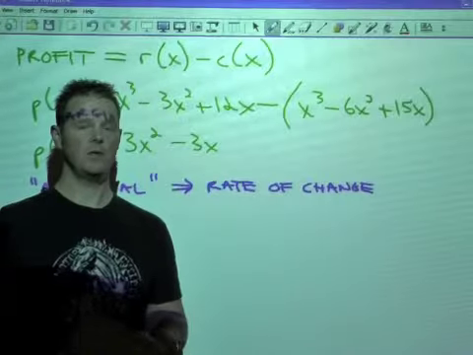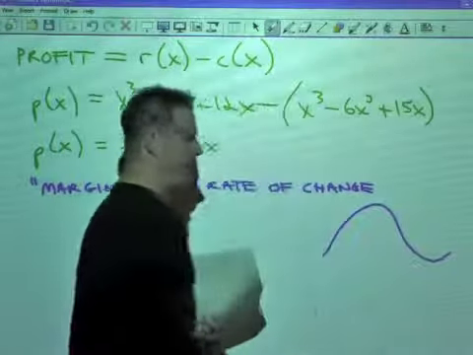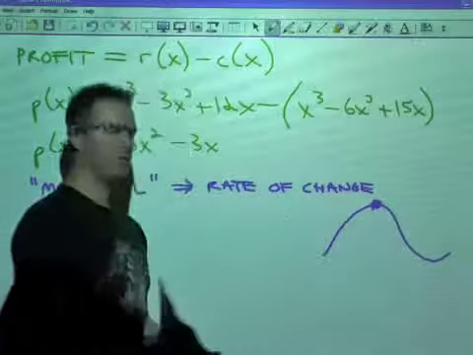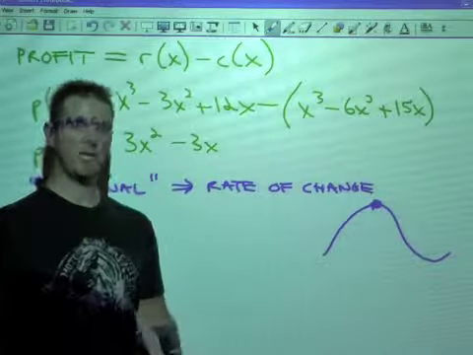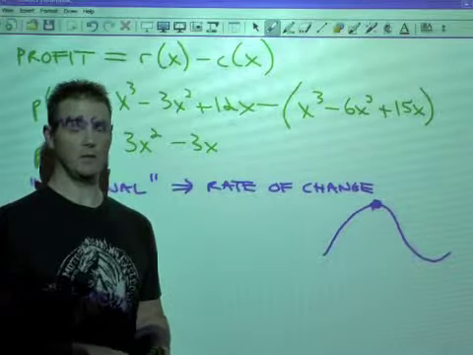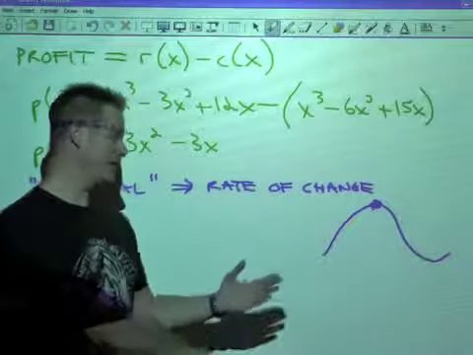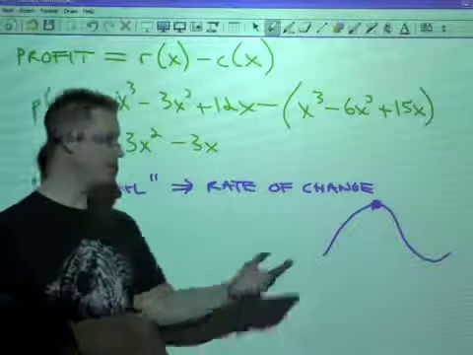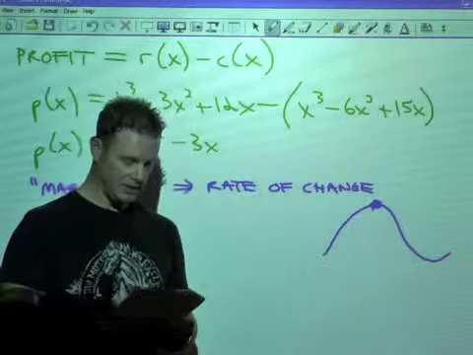Okay? So if you think about your profit graph, and you want to find the maximum profit, it happens right here. Well, what's going to be true about the slope of the graph at that point? What's going to be true about the rate of change of the graph at that point? It's going to be 0. So one way to optimize your profit is to find where the marginal profit, derivative, is equal to 0. And if you have functions for that, it's a pretty simple process.